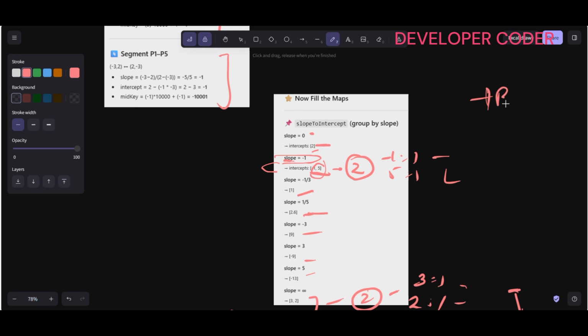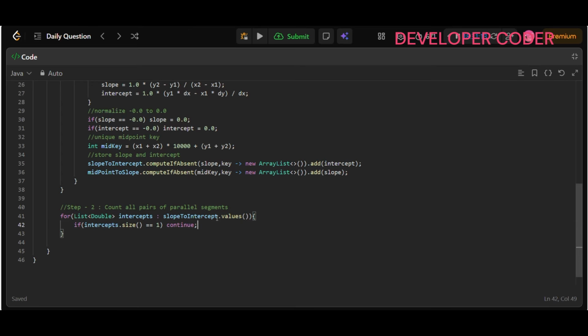We are calculating ABC, so for two lines, their slope will be same, but this C value is different, means different lines, right? If the slope is same. So that is why if we have only one intercept, then in that case it's not valid. Okay, so that's what.